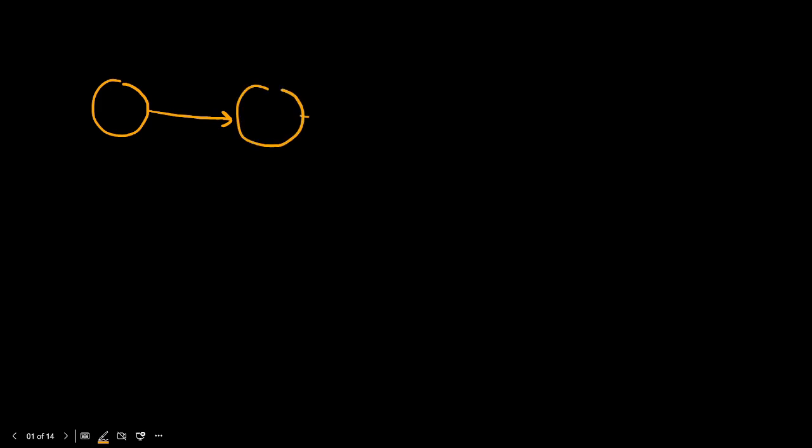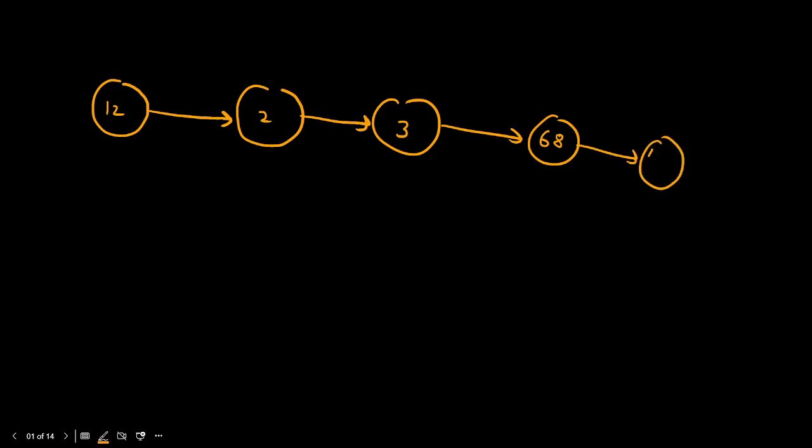It's connected to the next node and so on, and each of them has a value. So 12, 2, 3, 68, 47, like this.